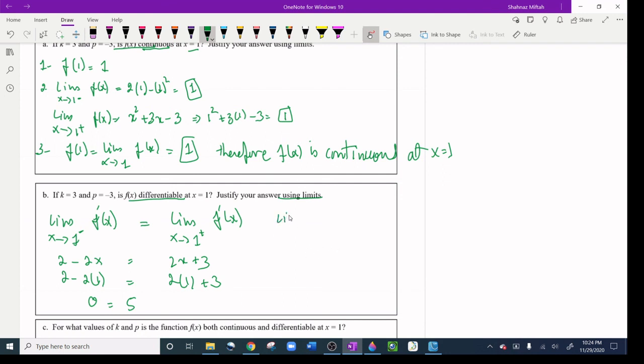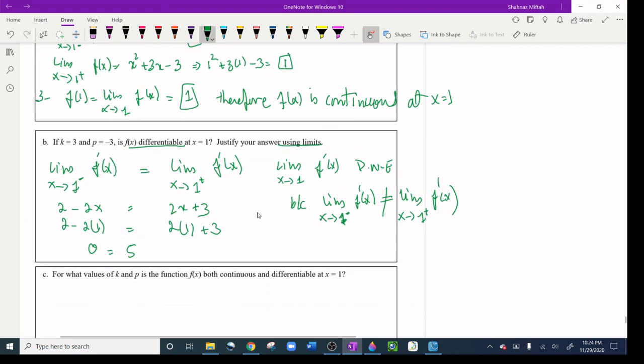So I can say limit as x approaches 1 of f prime x does not exist because the limit as x approaches 1 from the left of f prime x is not equal to the limit as x approaches 1 from the right of f prime x. I justified all of that. Therefore, f of x is not differentiable at x equal 1.